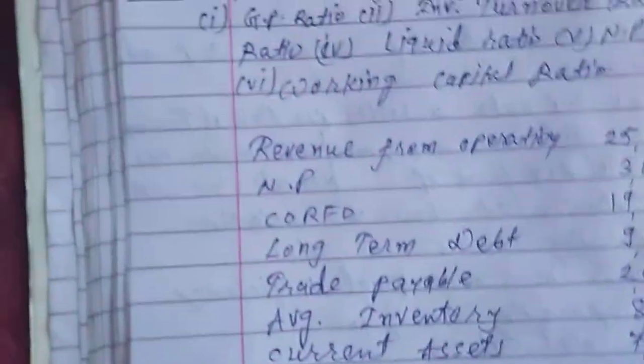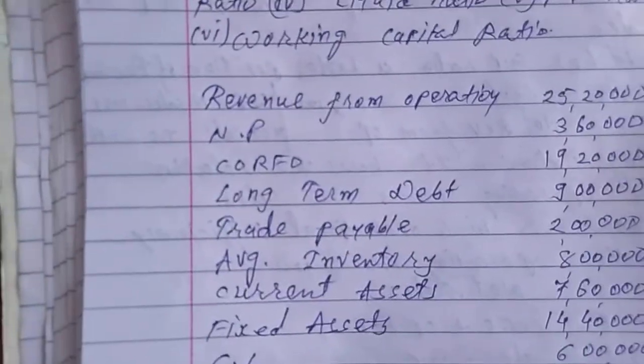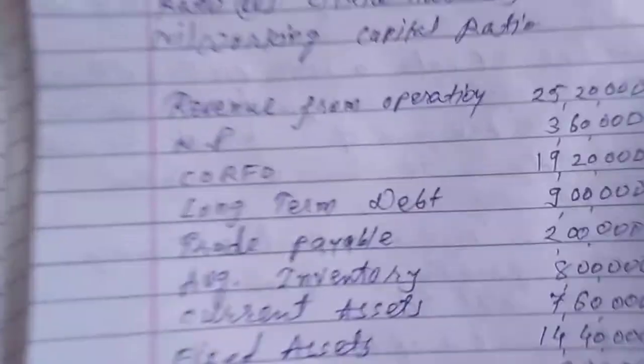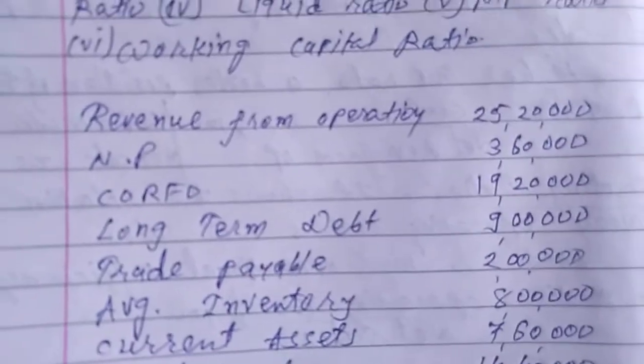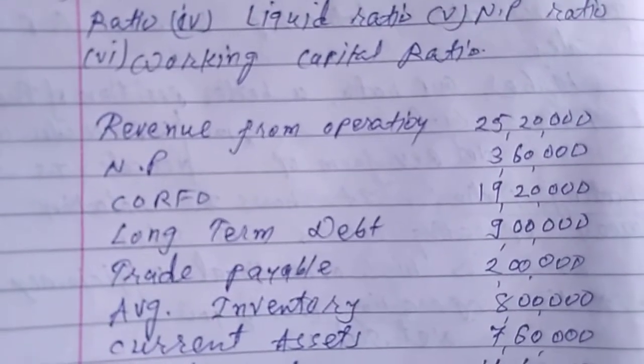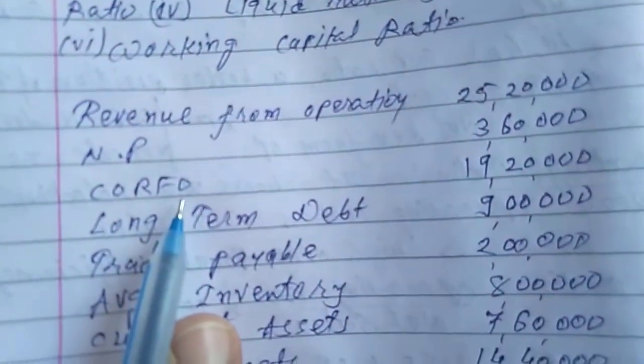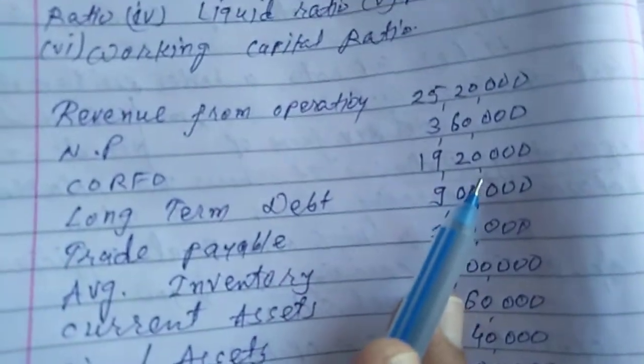Here in the amounts, gross profit is not given, but how to find it? Two things are given: revenue from operation, meaning sales, and cost of revenue from operation, 19,20,000.